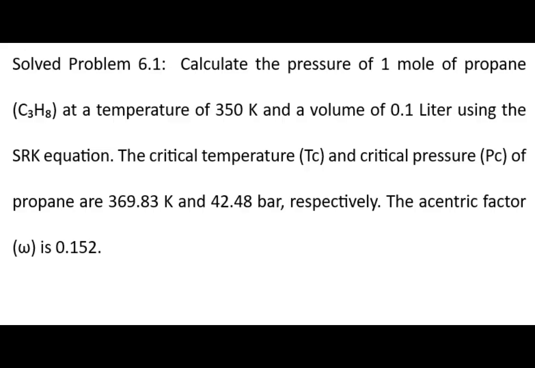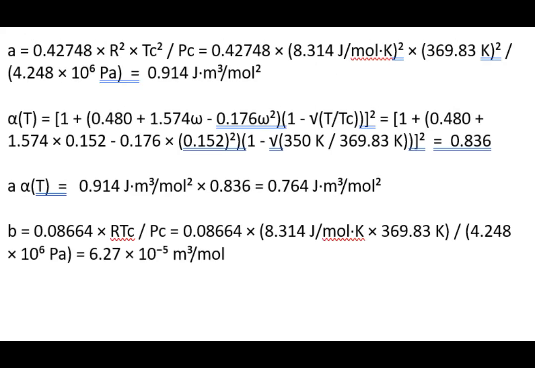The critical temperature, Tc, and critical pressure, Pc, of propane are 369.83 K and 42.48 bar, respectively. The acentric factor, omega, is 0.152. Solution to solved problem 6.1 includes 2 steps.